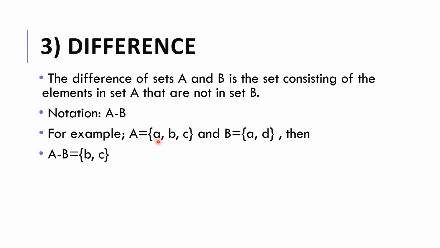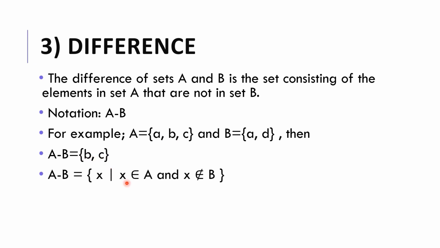So what will the answer be? A minus B equals b, c. So simply A minus B is set A minus the elements of set B. Here the element of set B is a, so we just cut the a, because d is not in A, so just these two elements, b, c.